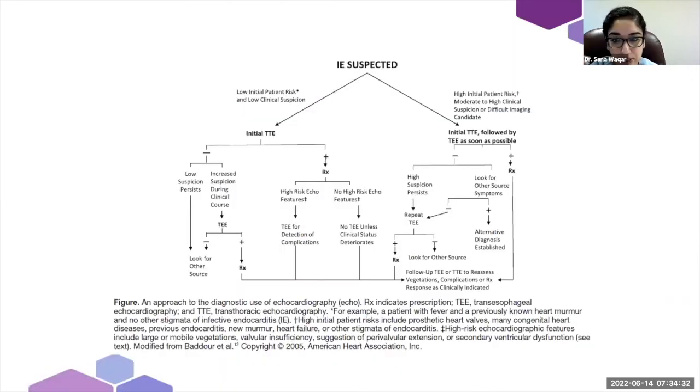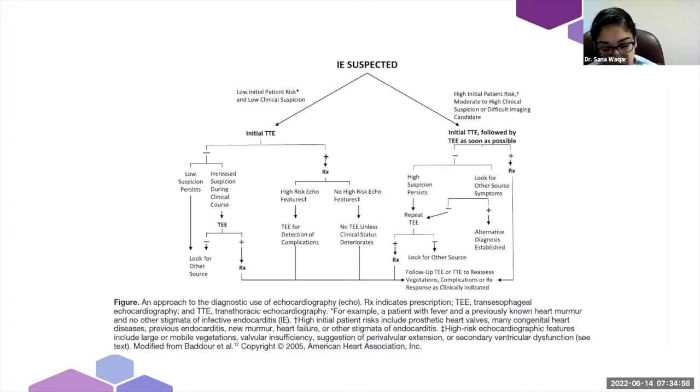Okay, so now TTE versus TEE, and this is like a $1 million question in ID. When do you get a TTE and when do you get a TEE? So basically it boils down to your clinical suspicion. To make a diagnosis of infective endocarditis, a TTE is not enough if your pretest probability of having endocarditis is high.